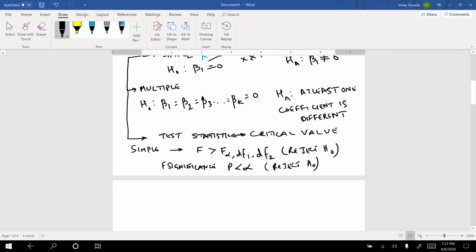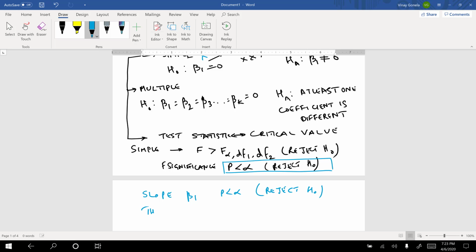So in simple linear regression we relied on this, and maybe we looked at the slope beta 1, p less than alpha, and we tried to reject H null, and then we said the model is significant.